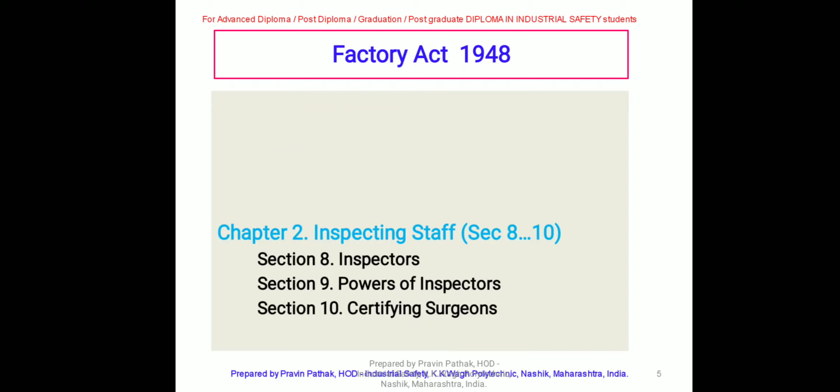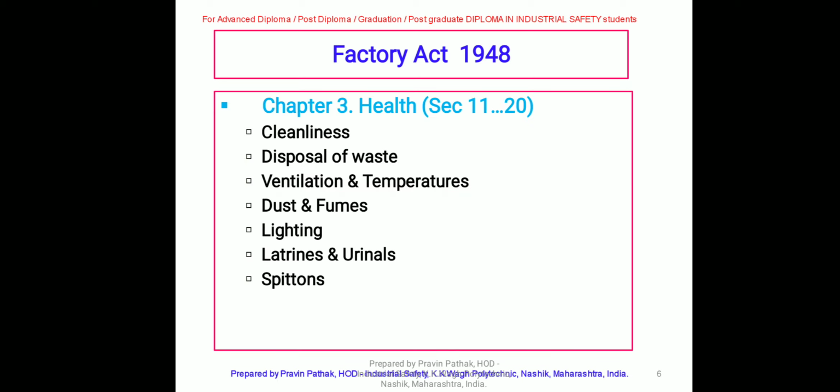Chapter 2 focuses on the inspecting staff, covered under sections 8, 9 and 10. That is, section 8 is of inspectors, section 9 is powers of inspectors, and section 10 is of certifying surgeons. Then chapter 3 focuses on health aspects. We have already discussed that the Factory Act focuses on three main elements: safety, health and welfare.